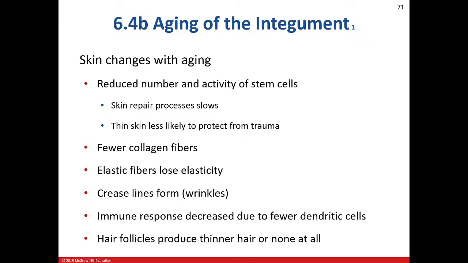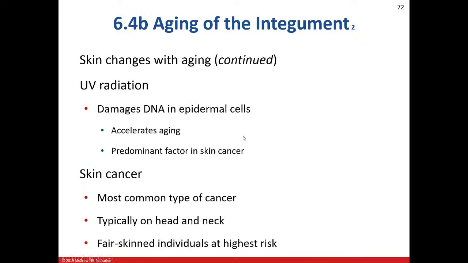The immune response will be decreased due to fewer dendritic cells. Dendritic, by the way, is another name for the cells of Langerhans found in the skin. Those are the immune cells in the epidermis. And then the hair follicles will produce thinner hair or none at all. Some of us will go bald. All right, and then UV radiation.